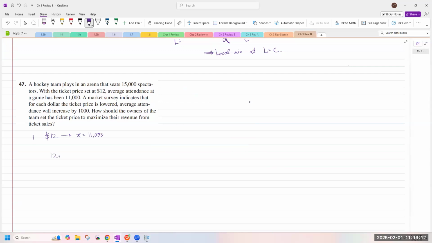If the price is lowered by X, so minus X, where X of course is a positive number, then the average attendance increases by 1,000 per $1, right?